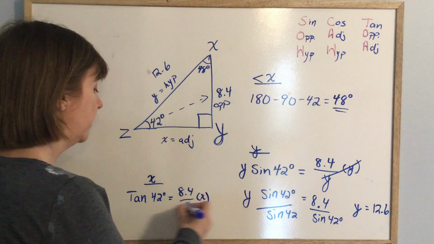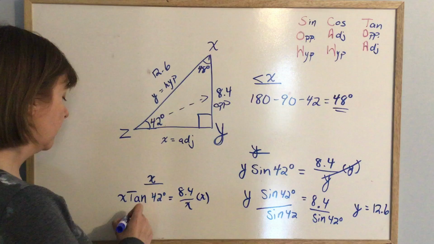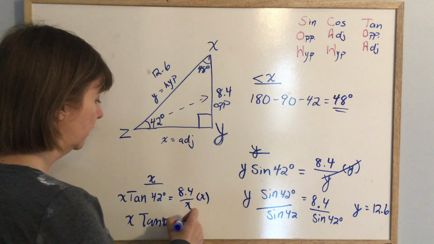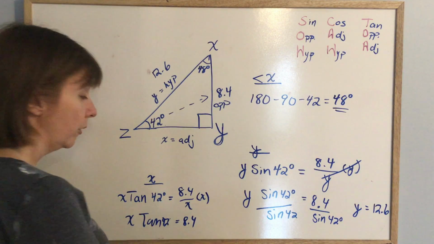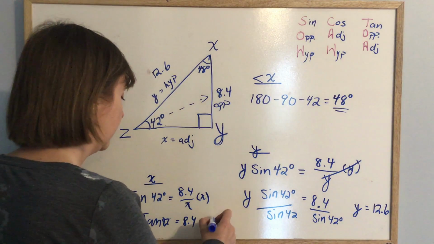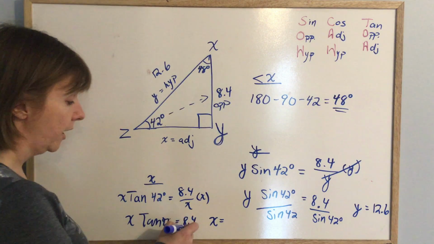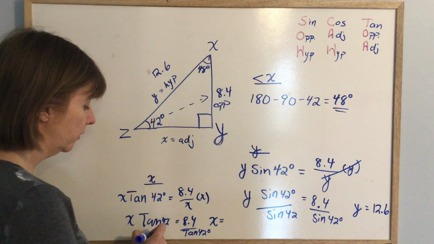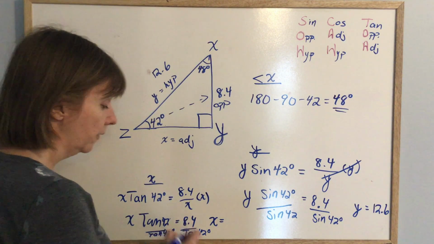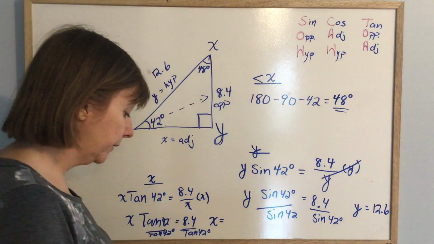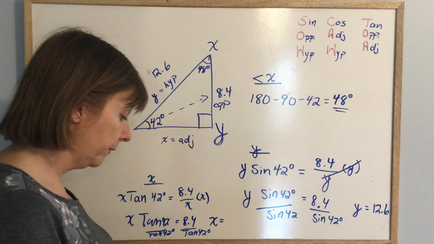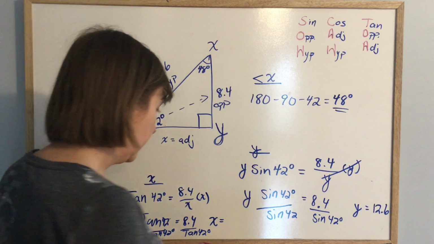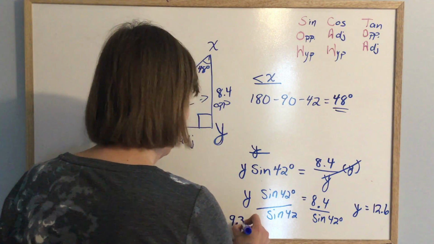I would use the same logic as over here. I'm going to multiply this side by x. So I have x times tan of 42 is 8.4. So I would divide both sides by tan of 42. So I'm going to go to my calculator and do 8.4 divided by tan of 42, and I'm going to get 9.3.